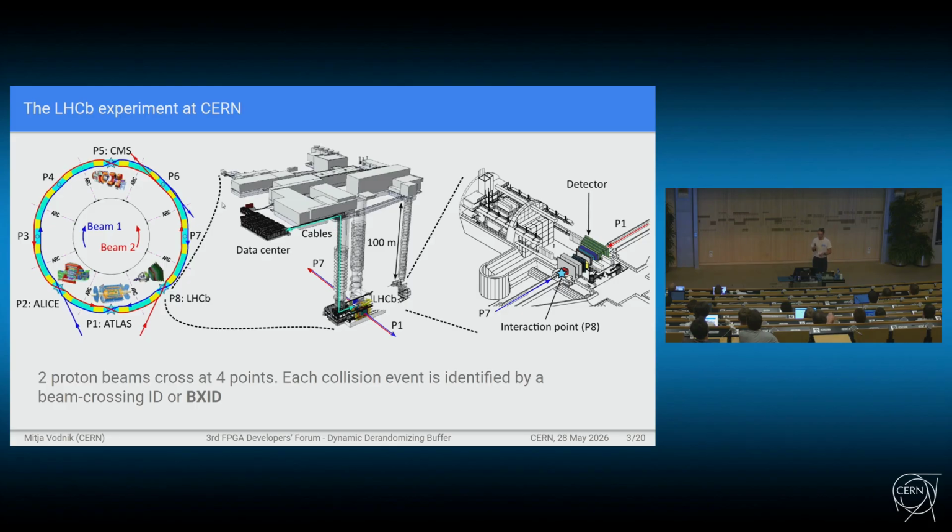One concept we need to know about, but that Eduardo already explained very well, is that there are two proton beams running around the LHC, and at the four big detectors they collide, and each collision event we mark with a certain BXID. So that's how we identify each collision event.